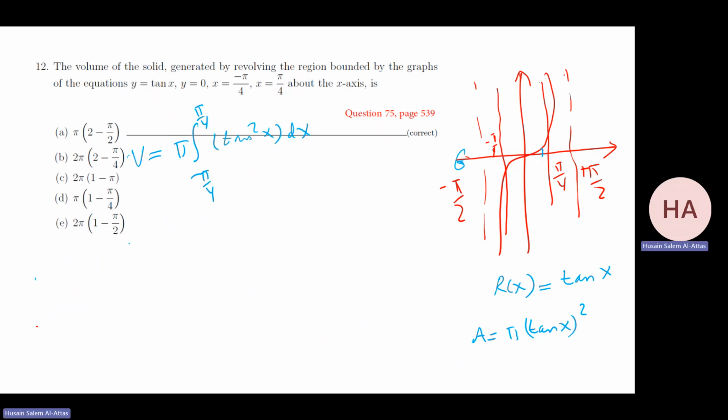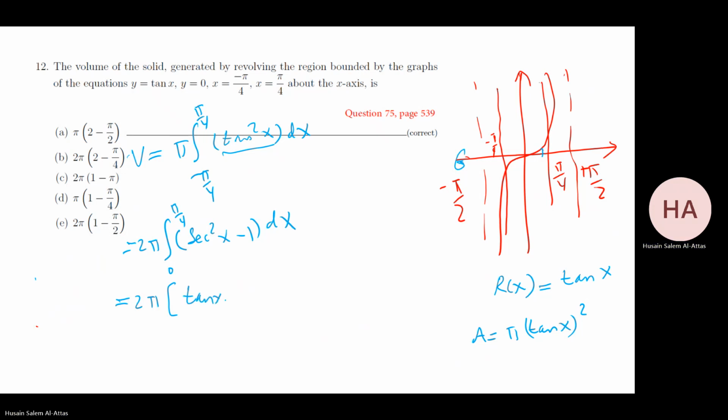It's an even function, so that will be 2 pi from 0 to pi over 4. Tan square, I can write it as secant square minus 1, dx. That gives me 2 pi of, what's the integral? That will be tan x minus x from 0 to pi over 4.